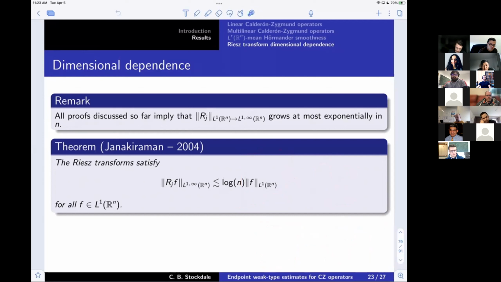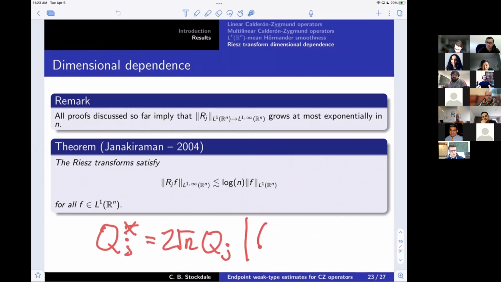And another thing which I thought was interesting was that when they defined the QJ stars, typically we had 2 times the square root of n times the length of QJ. In this proof, they define QJ star as 1 plus 1 divided by n times QJ.